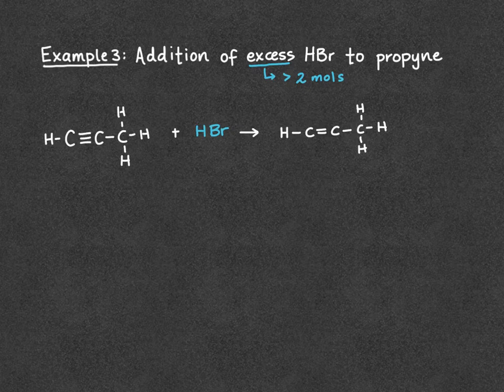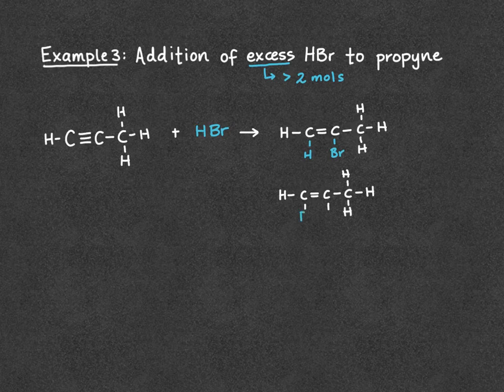So now we're going to have a hydrogen on the end and a bromine on the second carbon. Another possible product we could have is if the hydrogen went onto that middle carbon and the bromine went onto the end carbon. These are intermediate products.